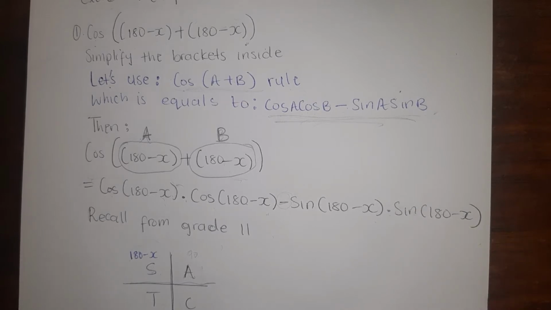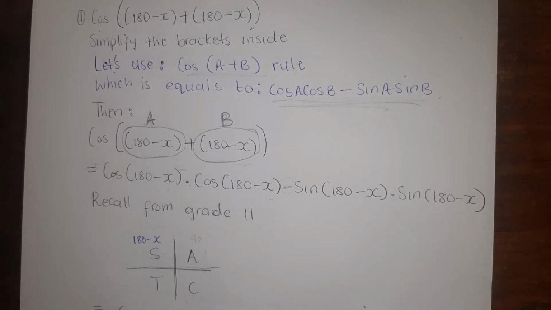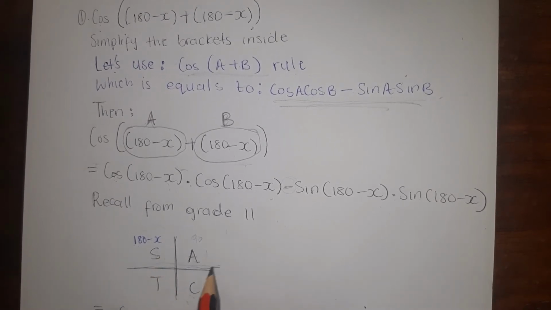Recall from grade 11 that when we have our quadrant Cartesian plane, all A, S, T, C. So in this quadrant, sine, tan, and cos are positive. In this quadrant, only sine is positive. In this quadrant, only tan is positive.